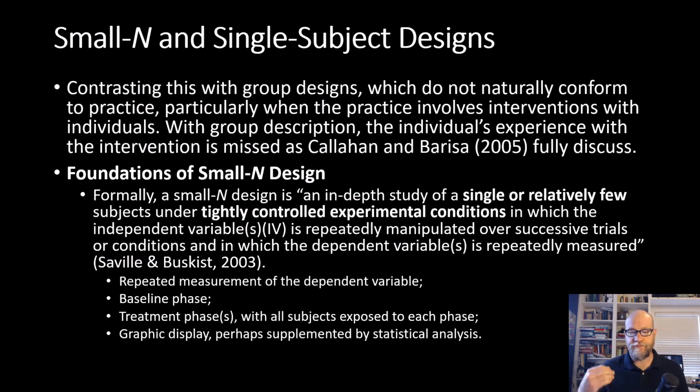So, as I said, in contrast with this idea of group designs, sometimes that doesn't always conform to practice, especially in clinical settings. So when the practice involves interventions with individuals, which generally speaking is clinical psychology, inpatient psychiatry, and that kind of thing, it also can involve some industrial organizational aspects of psychology, trying to alter people's behavior, intervene with people in the workplace.